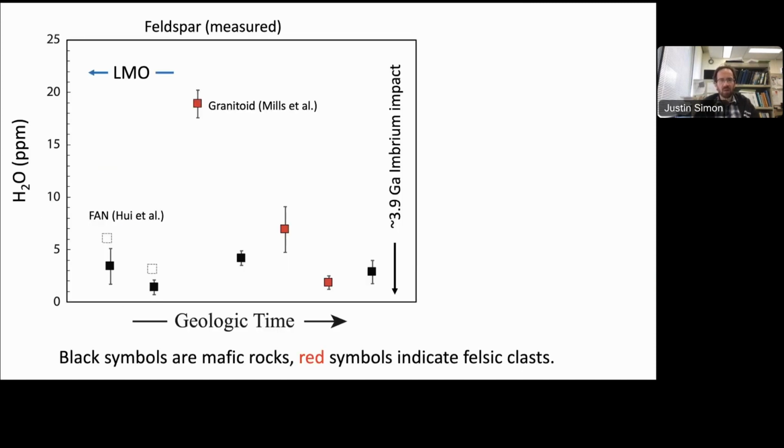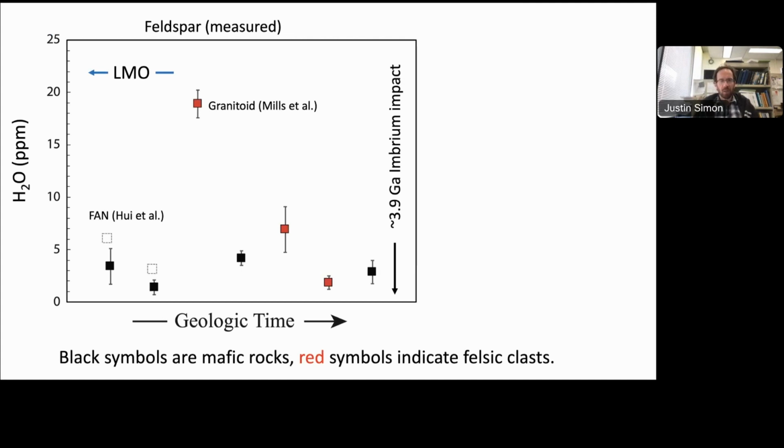And so this is a diagram showing, these are all hard measurements, but this is a diagram showing a summary of that. And the geologic time on the x-axis is not well calibrated, but there's a general sense from left to right based on the radioisotopic ages.